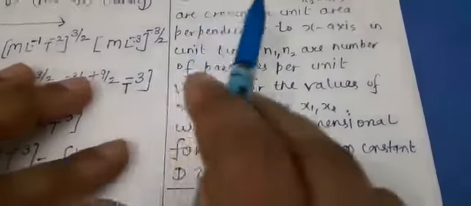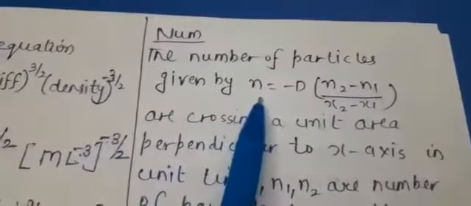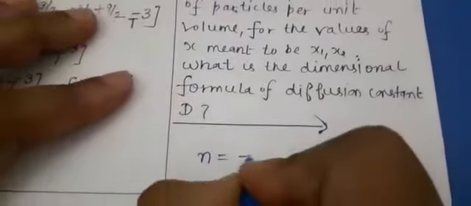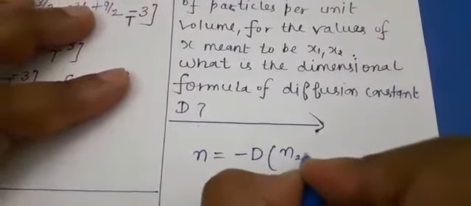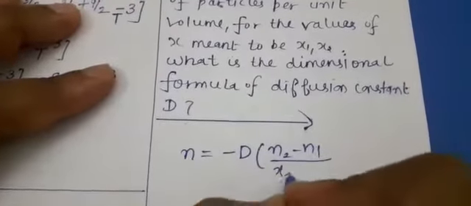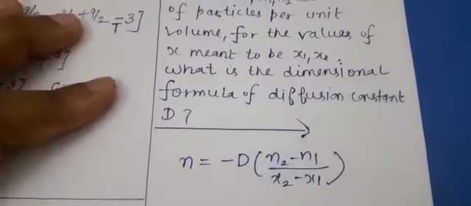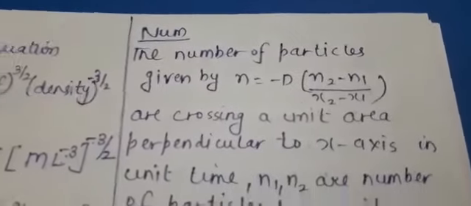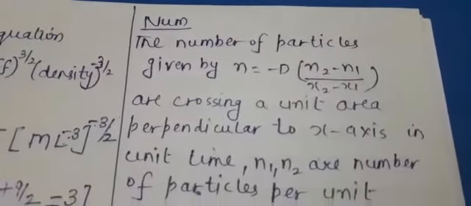See here, particles, number of particles n. So here it has been given n equal to minus D, n2 minus n1 upon x2 minus x1. Now you can just see the statement, that the particles are crossing per unit area perpendicular to axis per unit time.